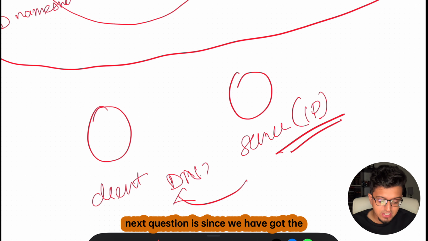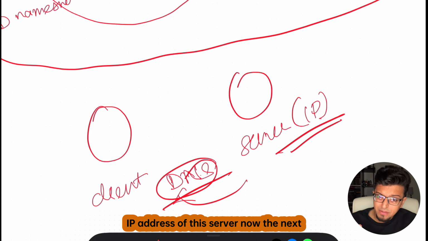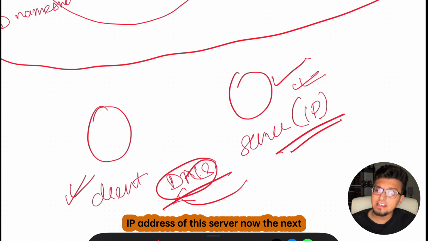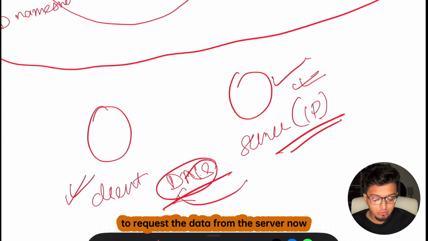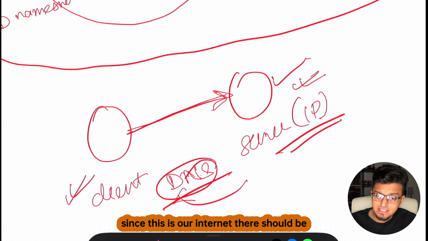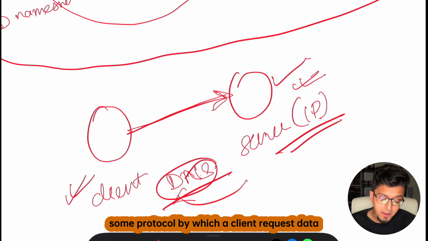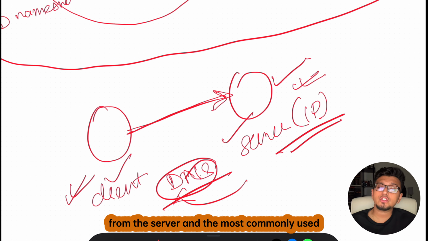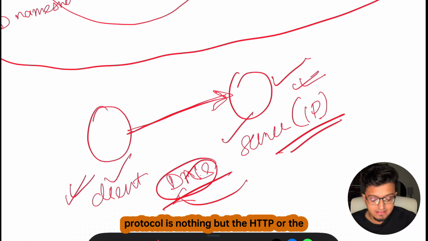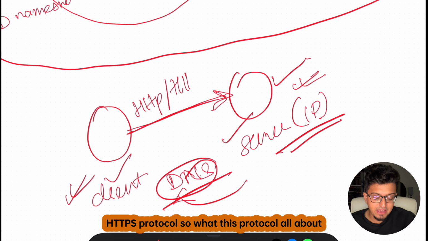The next question is, since we have got the IP address of this server, the next thing is that as a client, we have to request the data from the server. Since this is the internet, there should be some protocol by which a client requests data from the server. And the most commonly used protocol is nothing but the HTTP or HTTPS protocol.